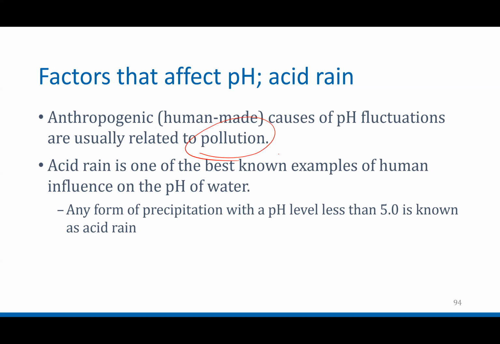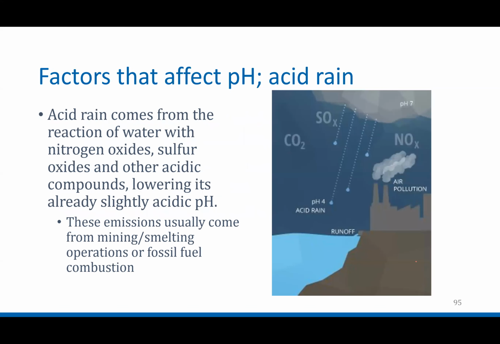One of the biggest ones, I learned a lot about this when I was a kid, was acid rain. One of the best known influences of this. The term acid rain applies to any type of rain that has a pH of less than 5, making it, of course, an acid. I won't get too deep into acid rain here.